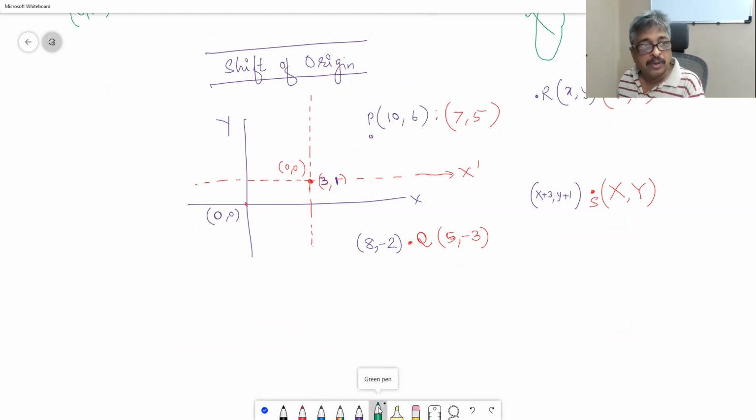Now, twist in the tail. The origin is shifted to h comma k.